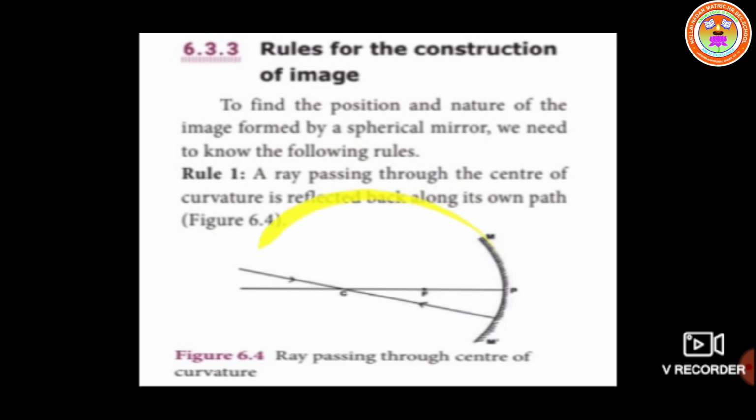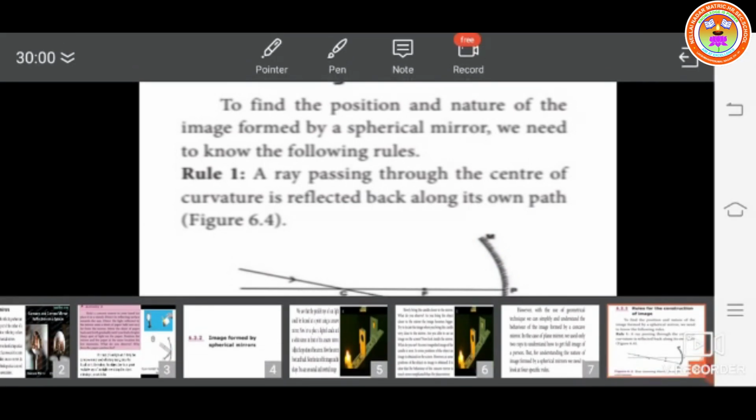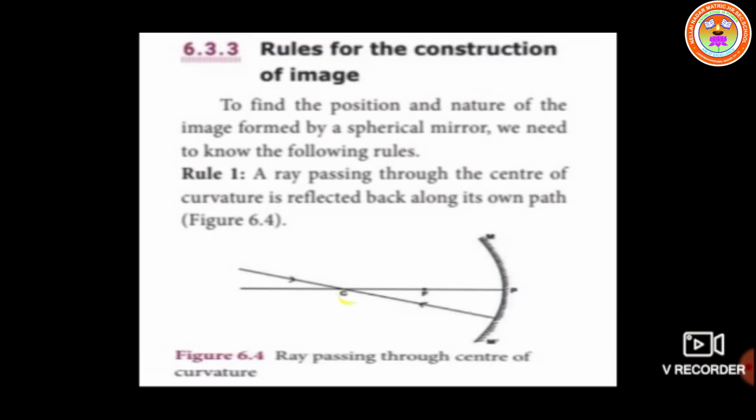For the sphere, you can choose the center of the sphere. The center of the sphere is denoted by the letter C. So this is called the center of curvature.